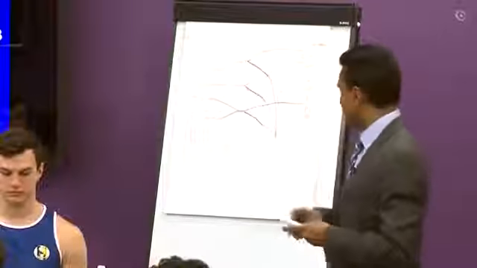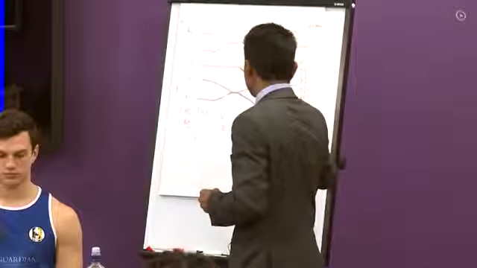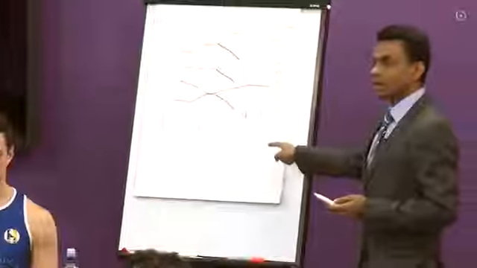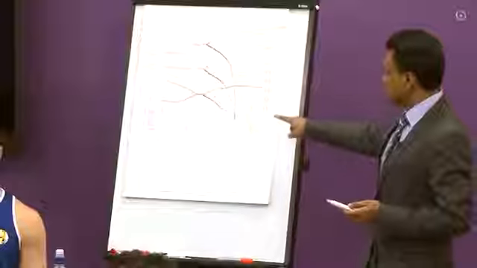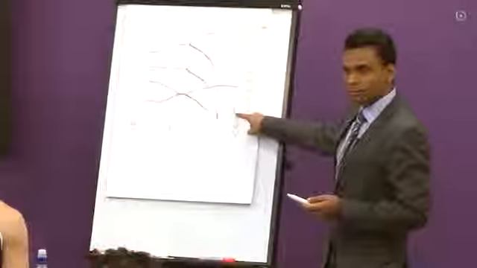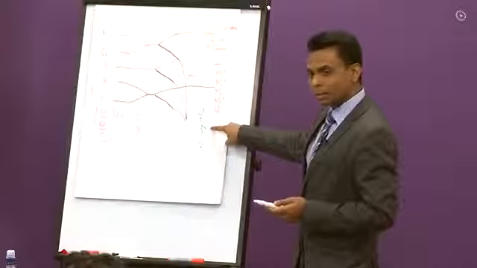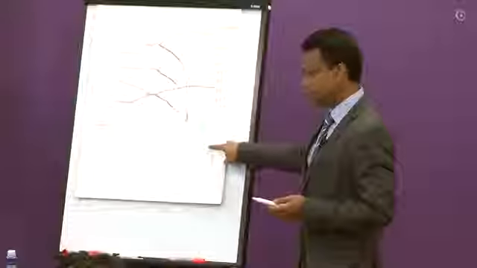Upper and lower, that's fine. Very good, and one more. Nerve to latissimus dorsi, also called the thoracodorsal nerve. So upper subscapular nerve, lower subscapular nerve, nerve to latissimus dorsi, also called thoracodorsal nerve, axillary and radial.